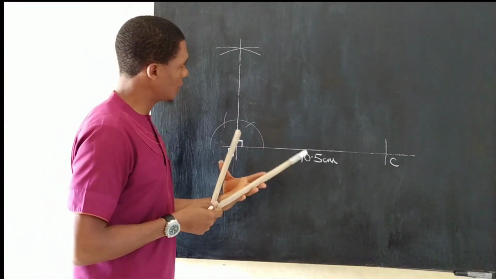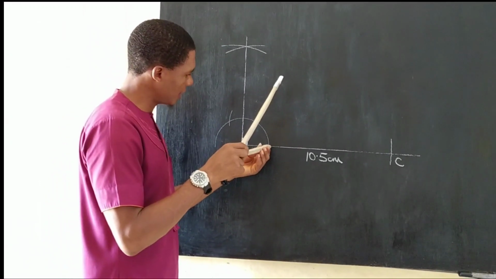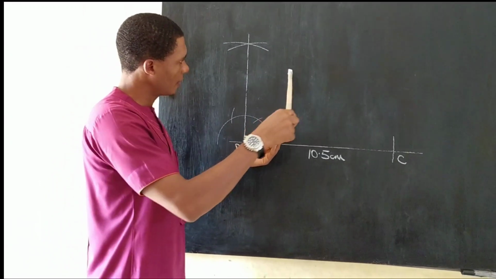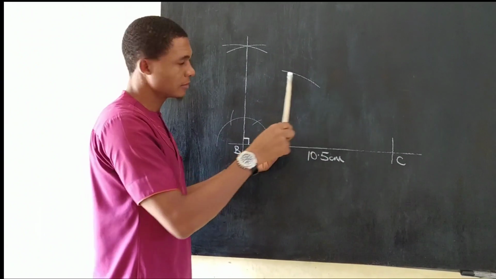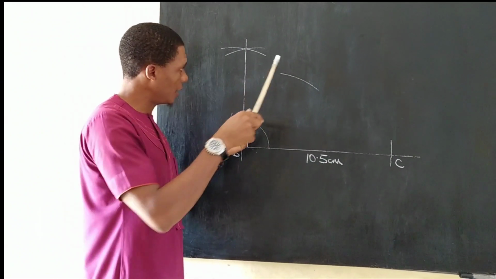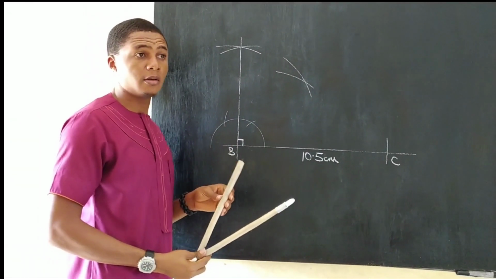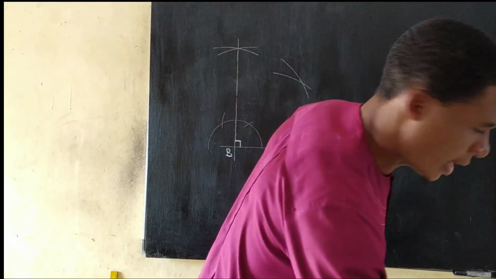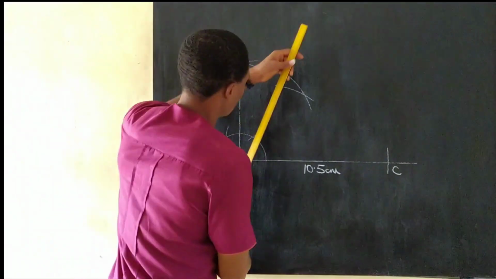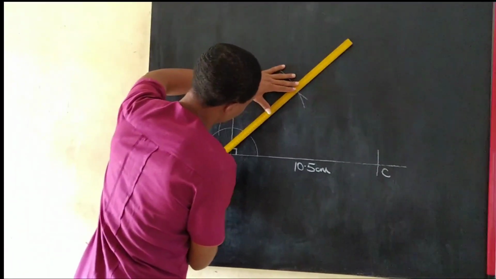So let's go there. I'll place it here and make an arc. Okay? Then place it here and make an arc. Okay? I've gotten my bisection by 2 arcs.